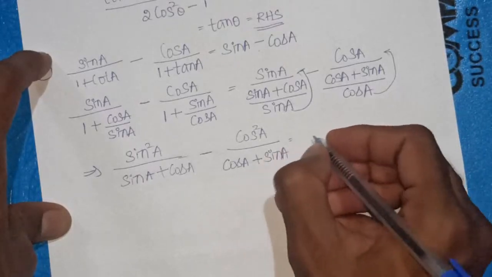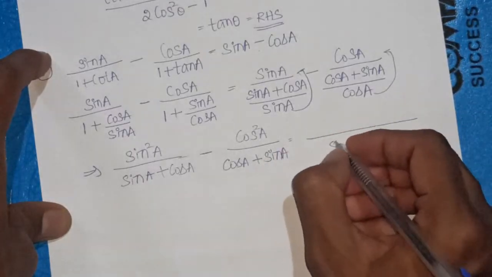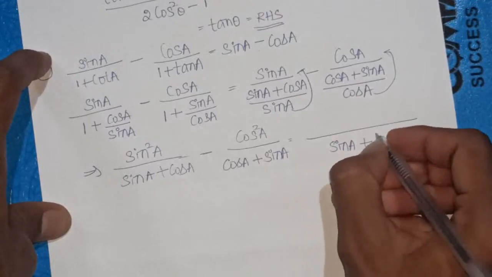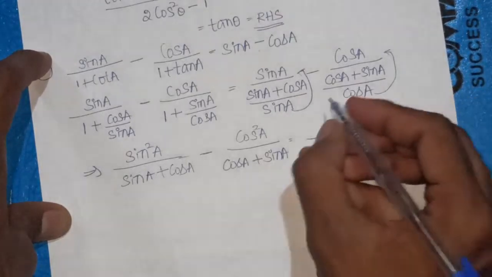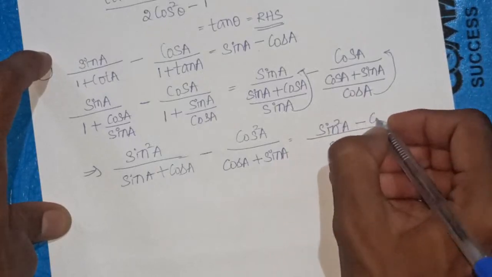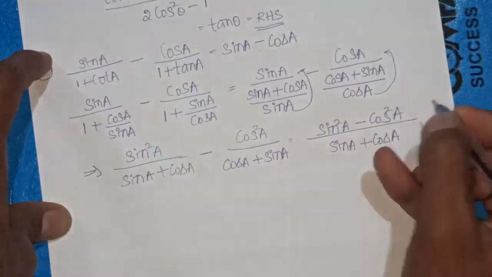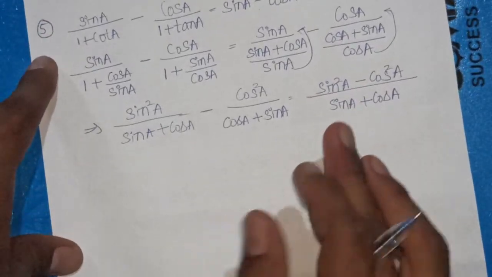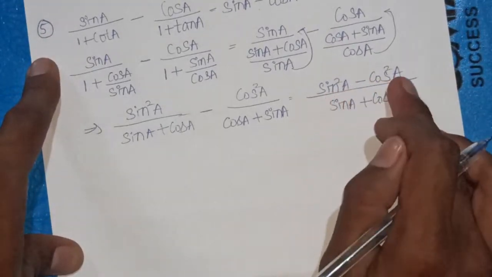By taking LCM for this equation, we will be getting sin A plus cos A in the denominator, and in the numerator sin square A minus cos square A. In the numerator, we will be having the form of A square minus B square.